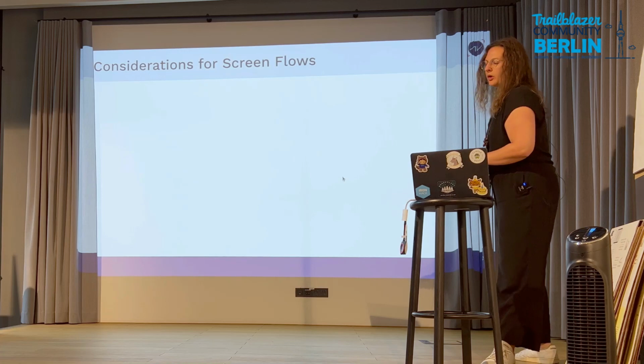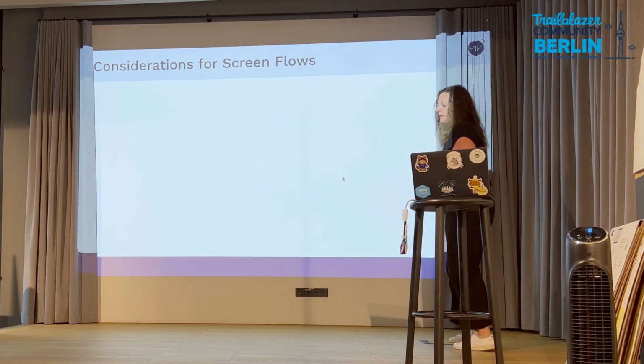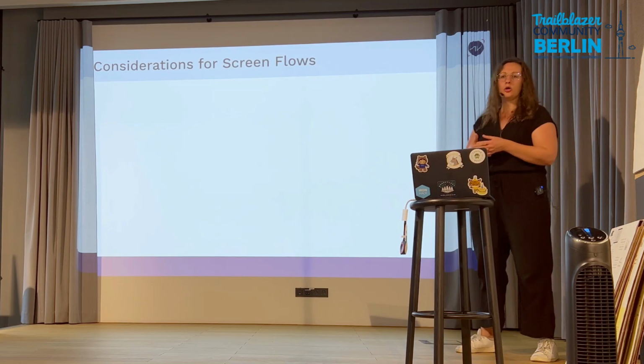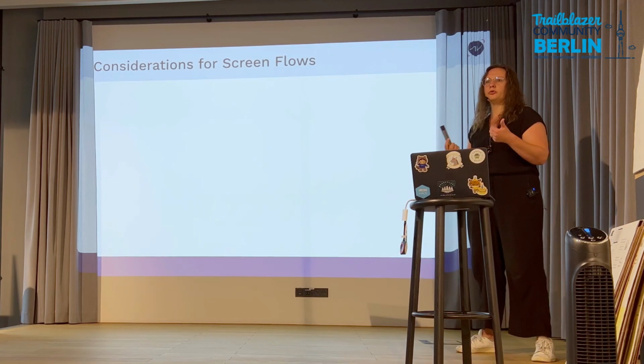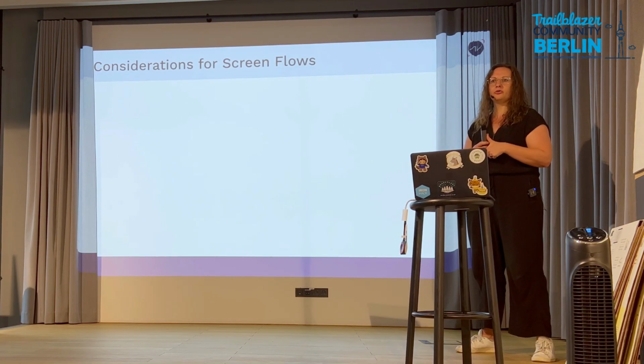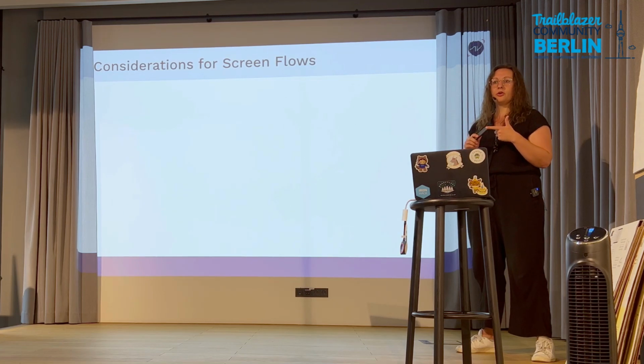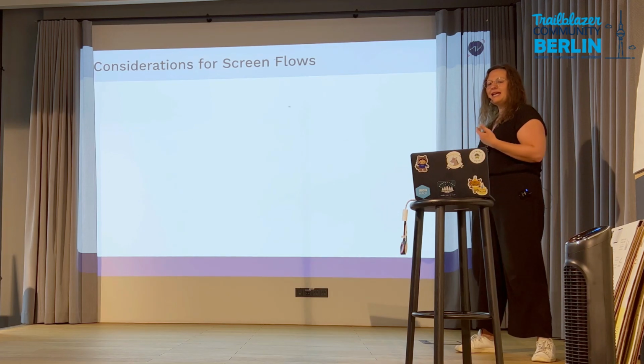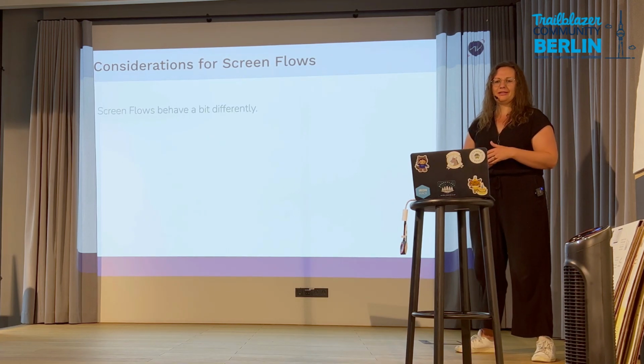One more thing that I want to point out. What I've talked about so far was focusing on auto-launched flows. Auto-launched flows could be record-triggered flows, could be schedule-triggered flows, right? Screen flows behave a little bit differently.